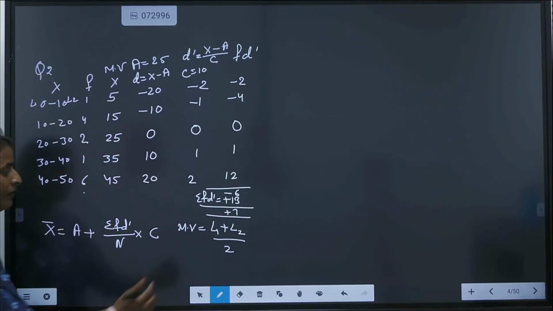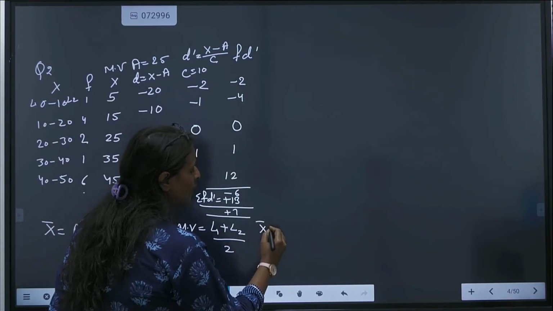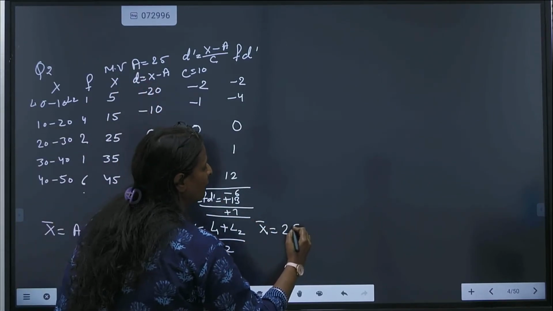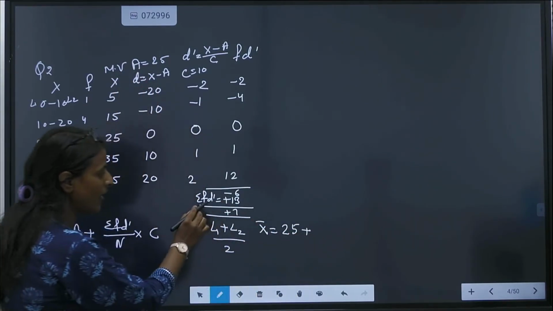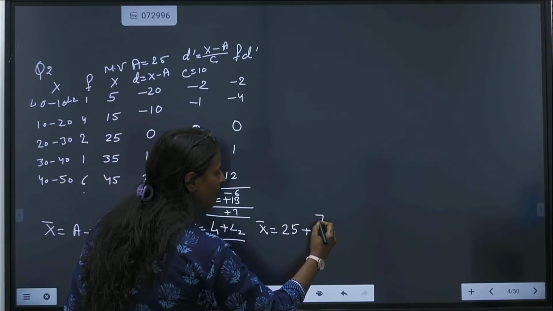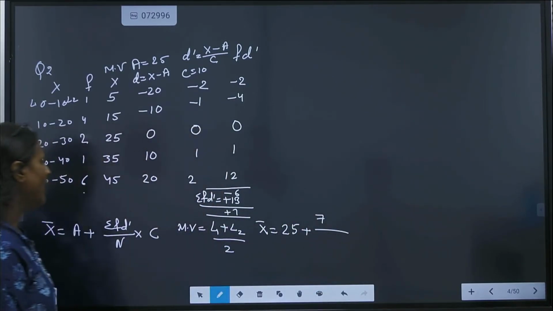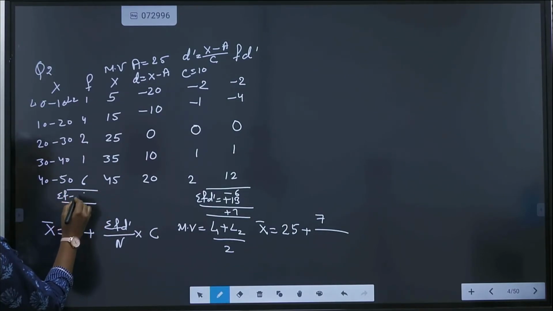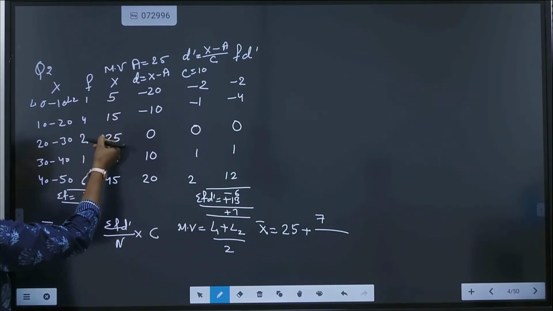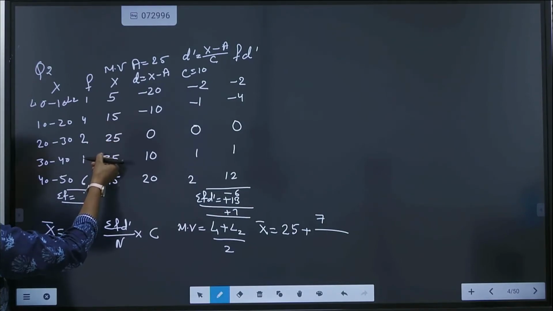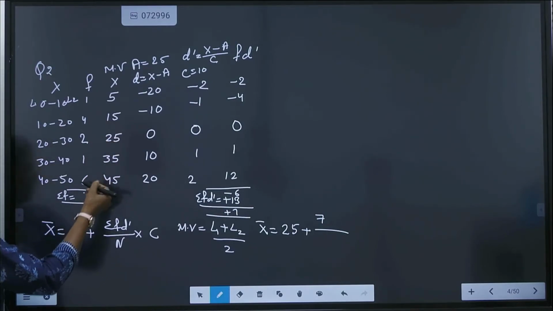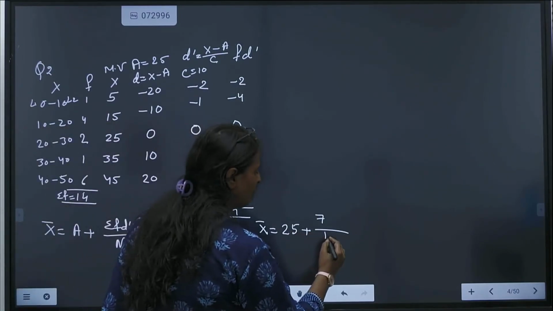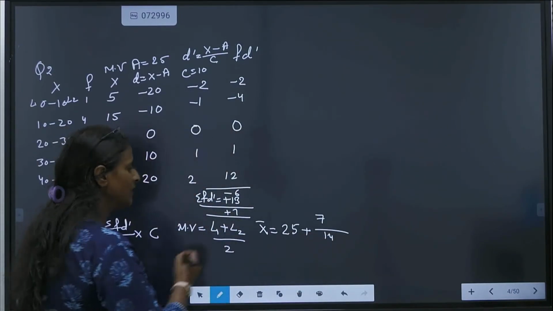According to the formula, x bar equals to, we assume 25 plus sigma fd, which is 7, and for n we just total the f. 5, 7, 8 or 6, 14. It's 40. Common factor is 10.